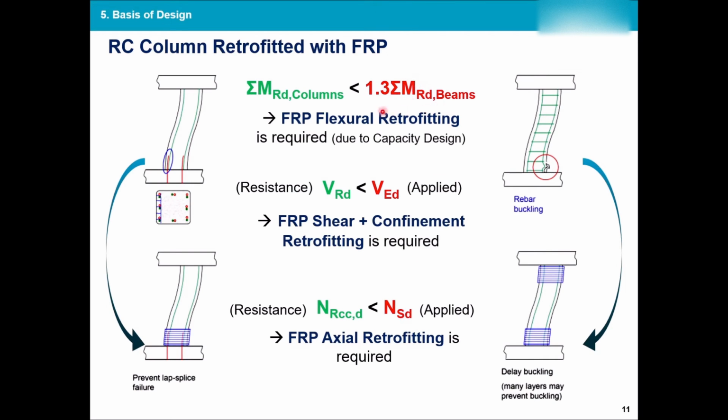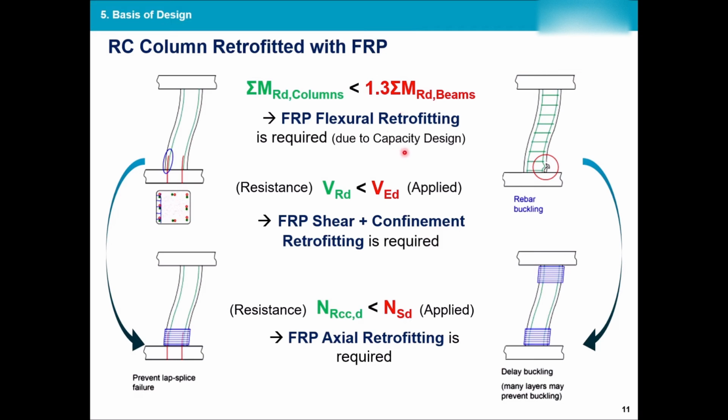Now pay attention that in terms of the flexural retrofitting, which is the bending moment, if the capacity of your column is lower, this is the case where we need the flexural retrofitting. What is desired is that the summation of the capacity of your columns is always higher than 1.3 times the summation of the new moment capacity of your beams.